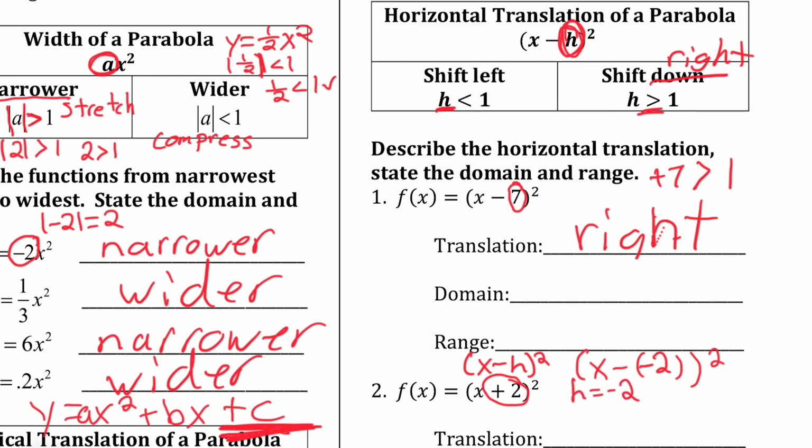So that means our h is -2. -2, is it greater than or less than 0? Less than 0. So we're going to be moving to the left. So that is how our transformations are going to work. During my live session, I am going to go over a little saying that you can say each time you do these so you can remember how these move.